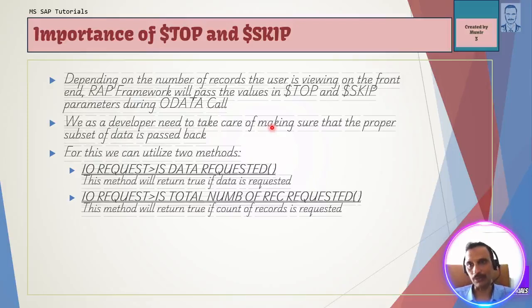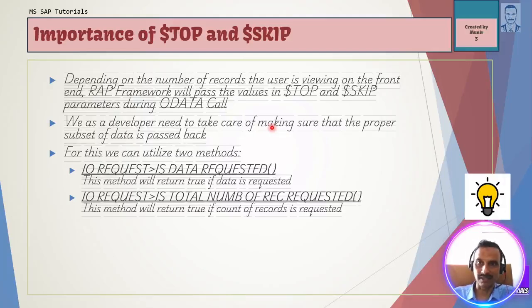But since we had only a few records, it was working fine. That is not the right way of handling $skip and $top, especially when you are creating a custom entity, because on a custom entity there is no select query that you can trigger. That is one more point you should remember, guys: custom entities cannot be used in a select statement in ABAP, like we can with normal CDS entities.